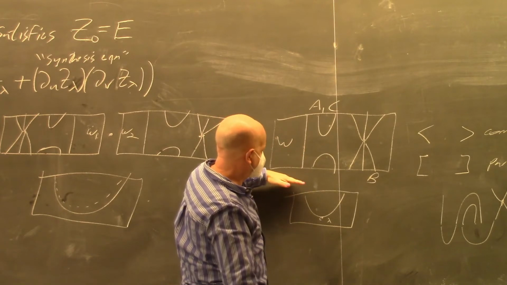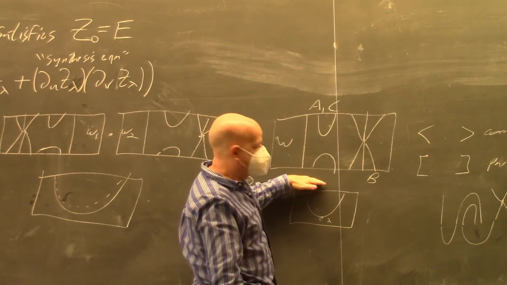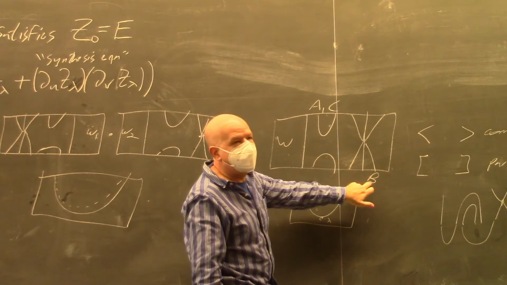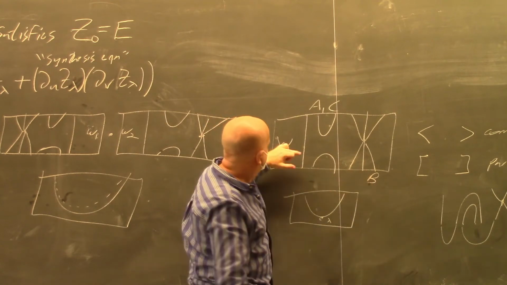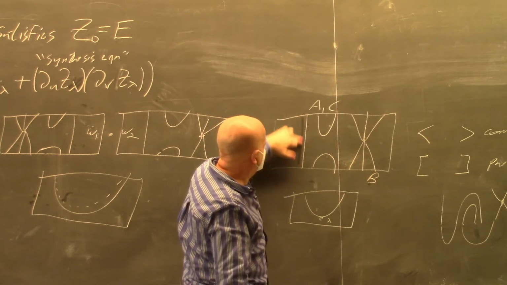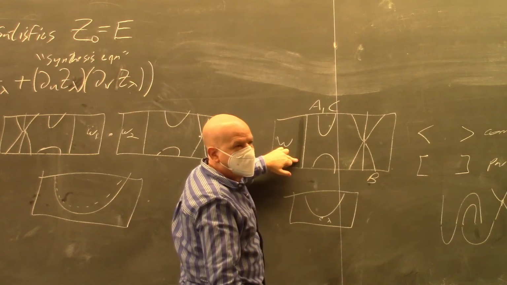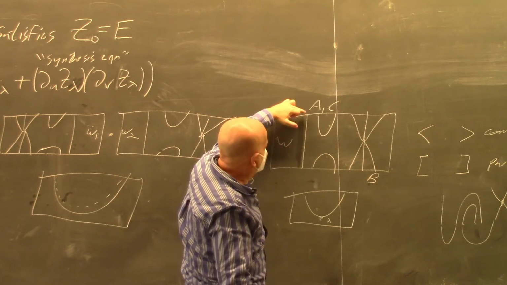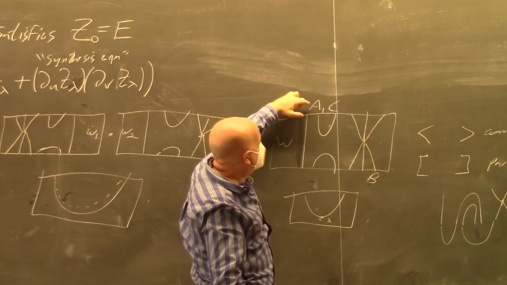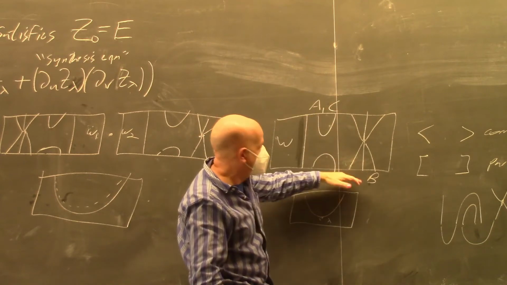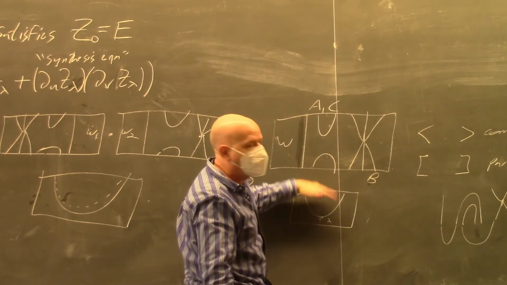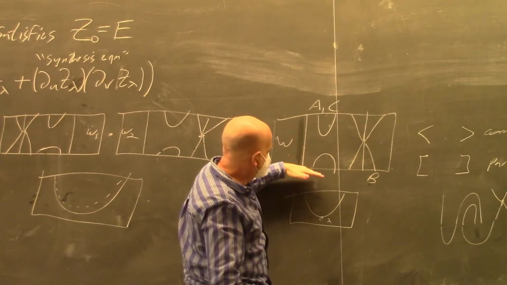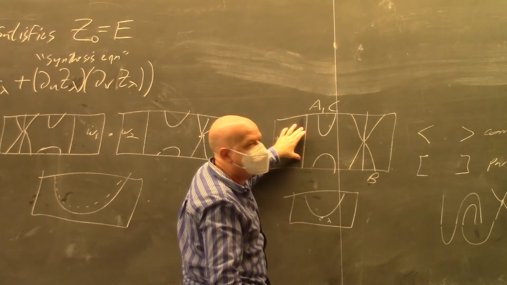So you see, from the perspective of the variables in B, this term here is linear, right? I mean, it's quadratic in the variables in A, B, and C, but at this point I'm only gluing along B. So from the perspective of B, this is linear.